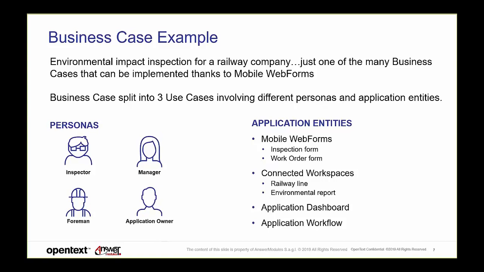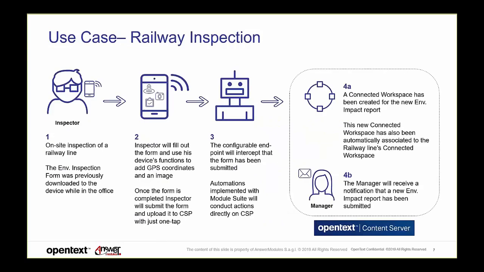We're using Connected Workspaces for the specific railway line, and also Connected Workspaces for the environmental report that is generated by the inspector. Then we have an application dashboard utilized by the manager. And last but not least, we have an application workflow that is happening in the background, and we'll be seeing this a little bit more later on.